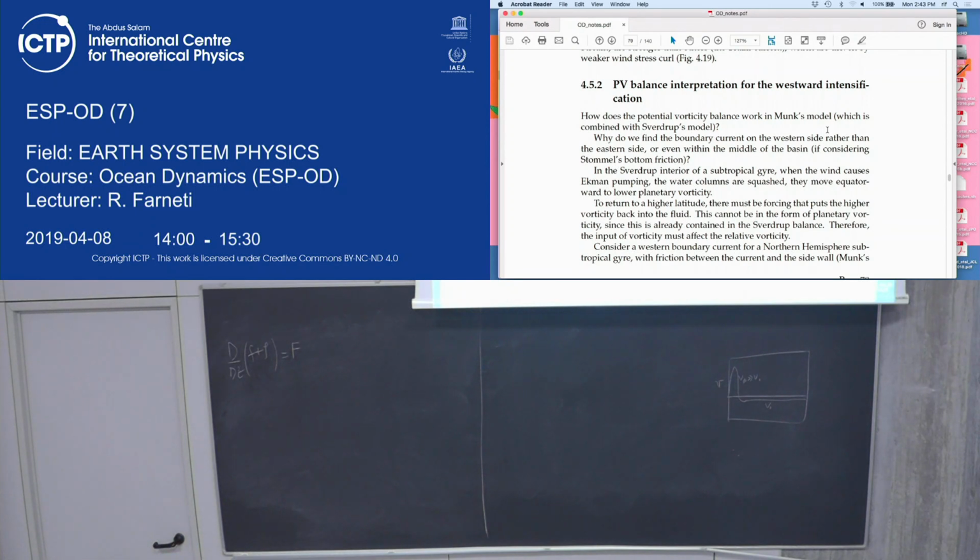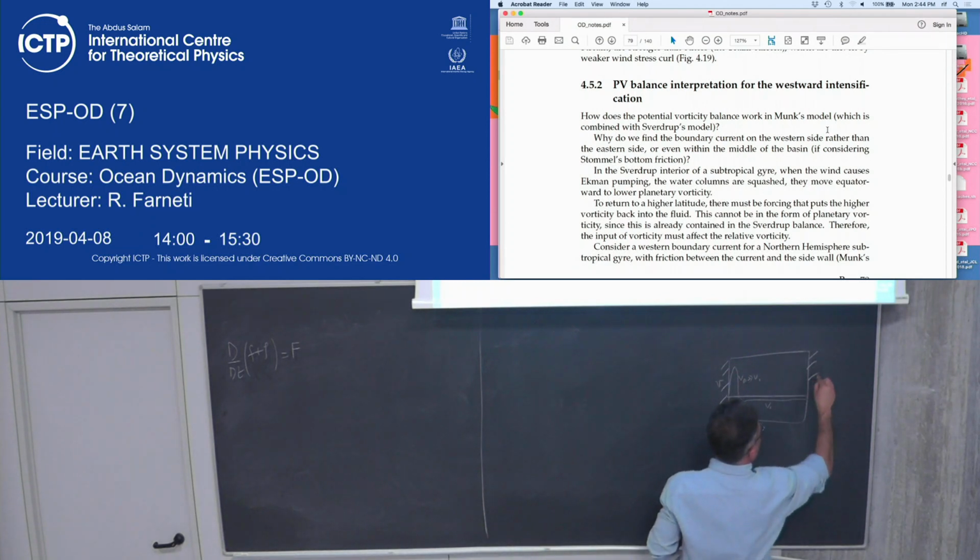So actually something that we never discussed is that if we found an interior solution and then we said, okay, then there's going to be a boundary current that returns the flow, but who said that the boundary current had to be a boundary current? I mean, we didn't know that it was a western boundary or an eastern boundary. It could have been a middle boundary. Right? Doesn't make much of a sense, but perhaps you could have found a solution to that, especially given that we started with the Stommel model that wasn't putting friction on a side.